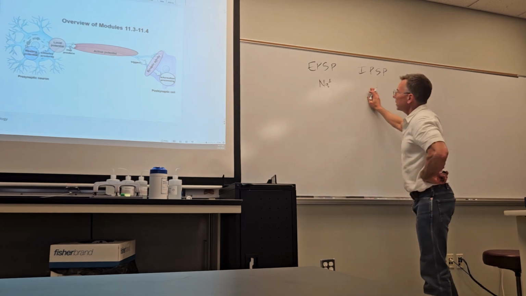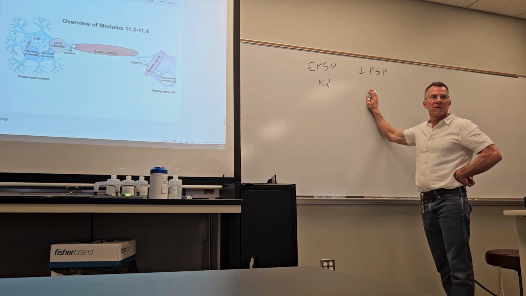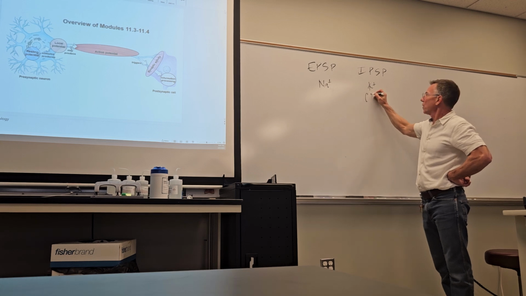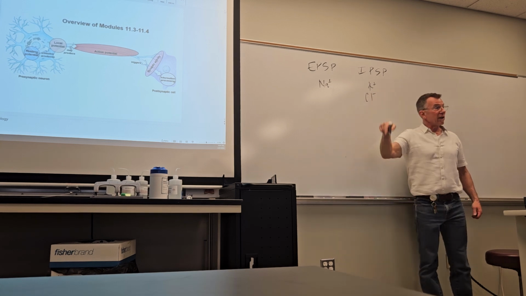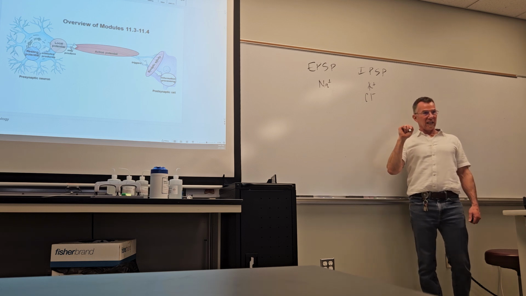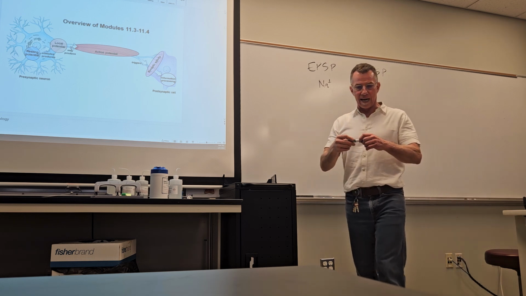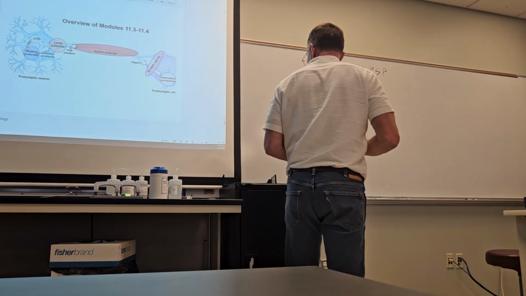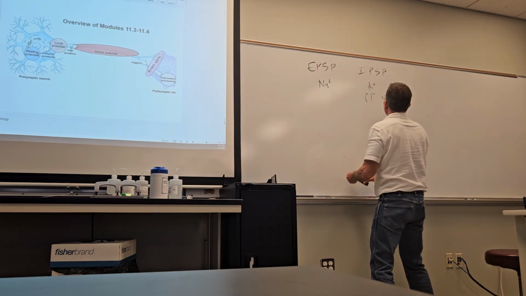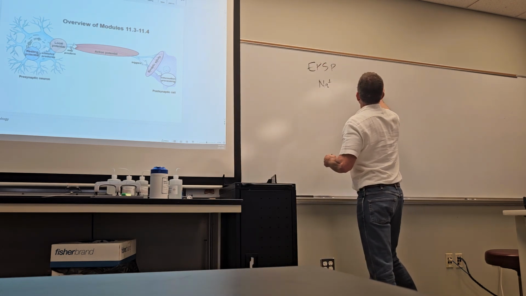How could I create an inhibitory postsynaptic potential? Open up potassium or chloride channels. That would make it more negative, hyperpolarize the membrane, and make it less likely to create an action potential. All right, so let's practice this.